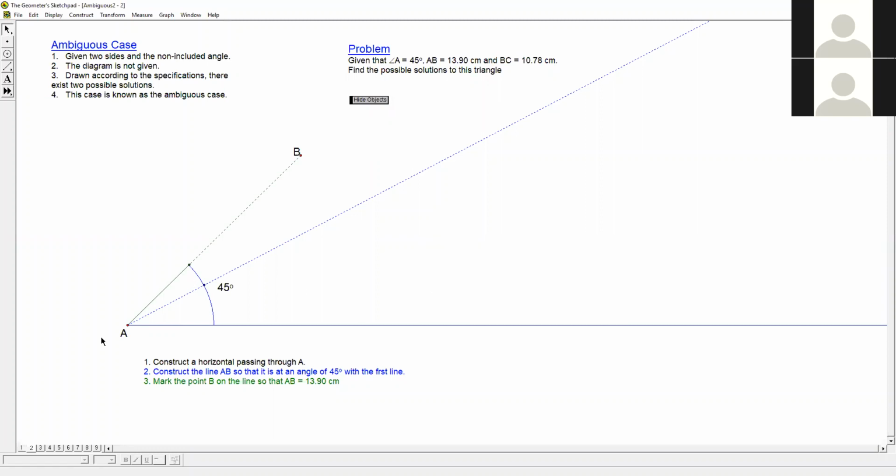So the third step is you construct the line that is given, that is AB 13.9. Okay, so this is what I advise you to do. Construct a horizontal line passing through A. Construct line AB that is at an angle 45 degrees with the horizontal line. Then mark the point B so that AB is 13.9 cm.